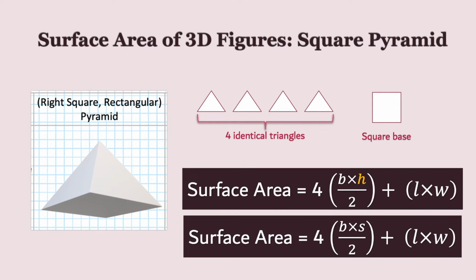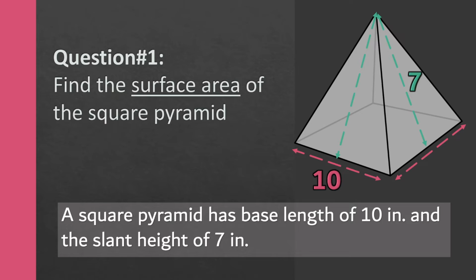So from now on, we'll use s, the slant height, to represent the height of a triangular face. Now your memory has been refreshed. Give it a try to this first question. Find the surface area of the square pyramid. A square pyramid has a base length of 10 inches and a slant height of 7 inches. Pause the video and give it a try.